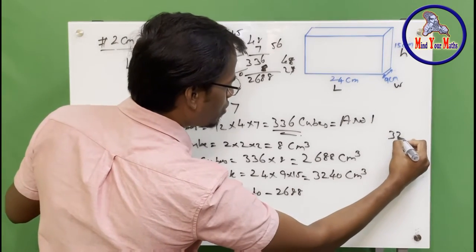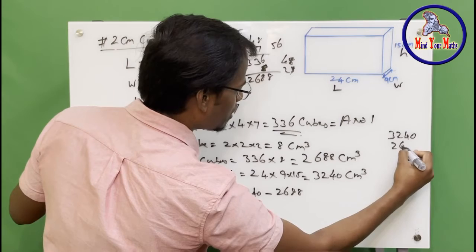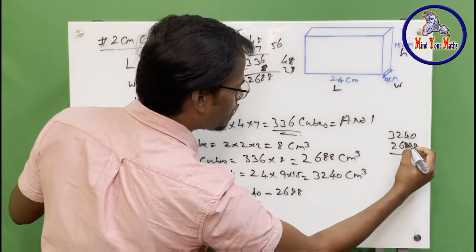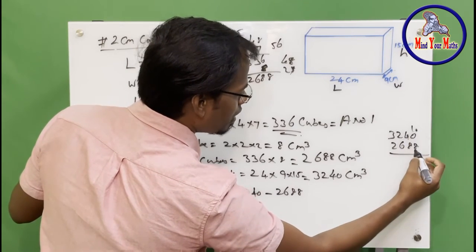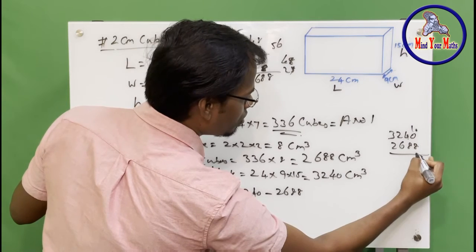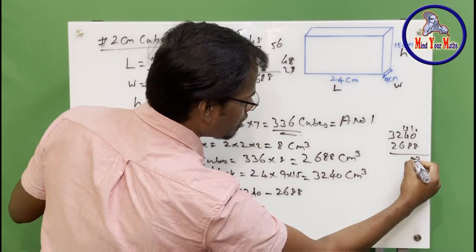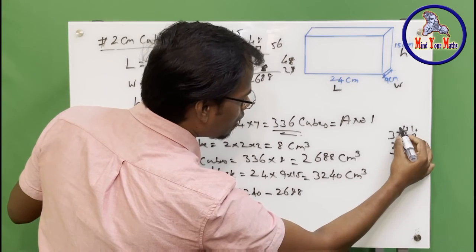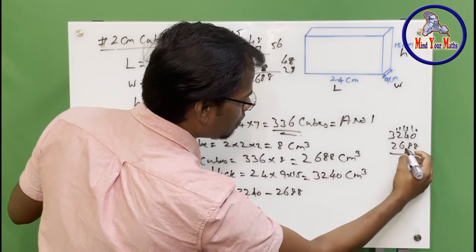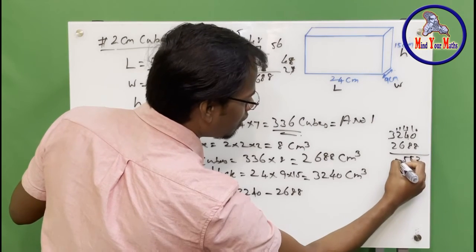So 3240 minus 2688. Let's subtract. 10 minus 8 is 2, then we have 3, then 13 minus 8 is 5, we have 1, and then 11 minus 6 is 5, and then here it is 0.